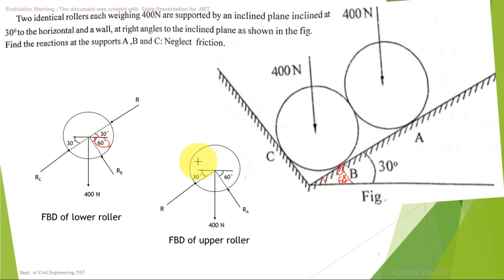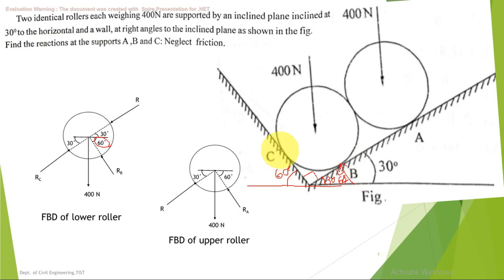Now I take the next force, RC. If I draw a horizontal line like this, we know that this angle is 30 degrees, given in the question, and this angle is 90 degrees, also given in the question. So what will this angle be? This is 90, this is 30, and it is a straight line, so the total will be 180. So this angle will be 60 degrees.